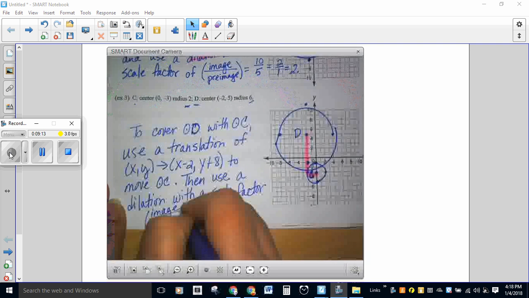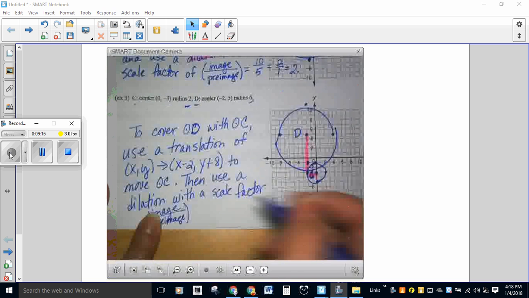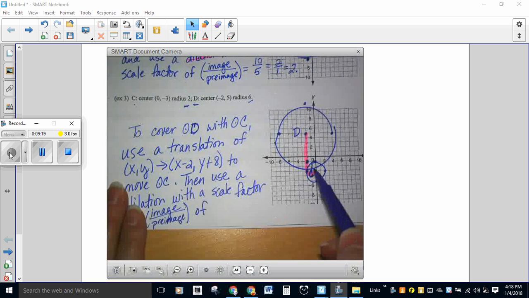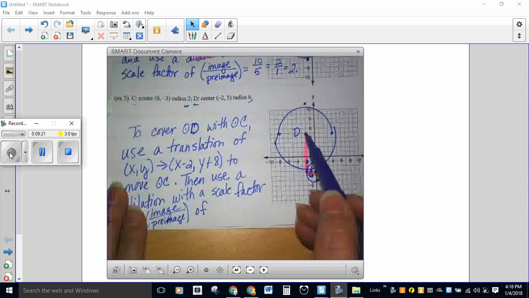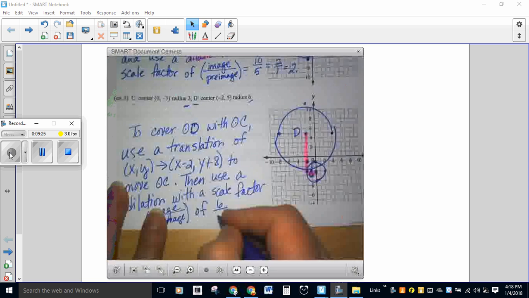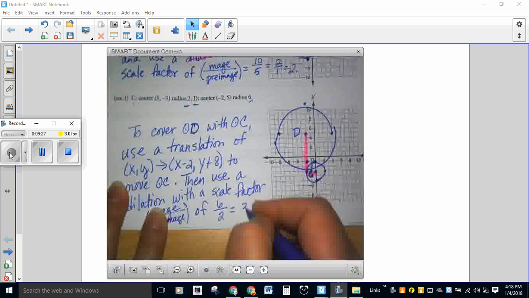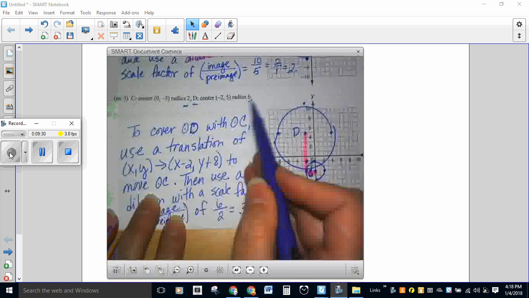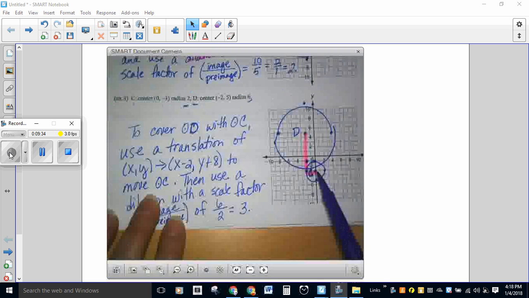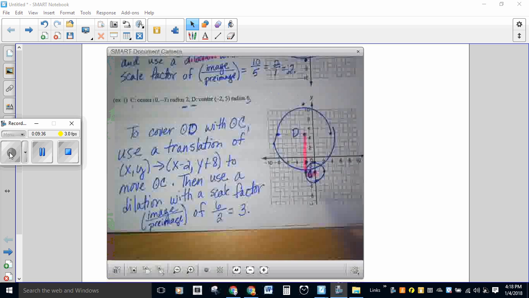In this case our final radius is 6. We started at a radius of 2, and of course that reduces to 3 over 1, which is 3. And if you say 3 times 2, you get 6. So that means the bigger circle is three times as big as the smaller circle. And once you do that, you're done. So you should have both of these problems done when you come back to class tomorrow. Thank you.